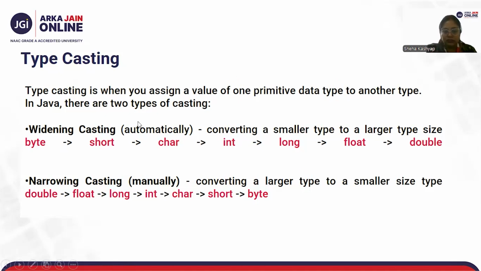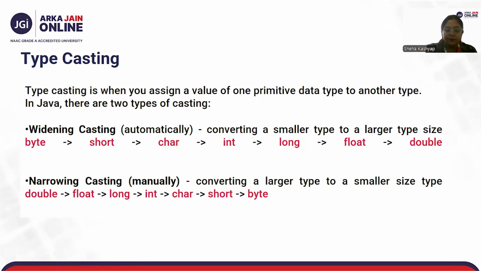When I say all these things, I mean it depends on the size. If you say byte, the byte contains the size 1. The char contains the size 4 and so on. So from the smaller size data type to a larger one, we can convert the data. A byte value can easily be converted to a short value, right?